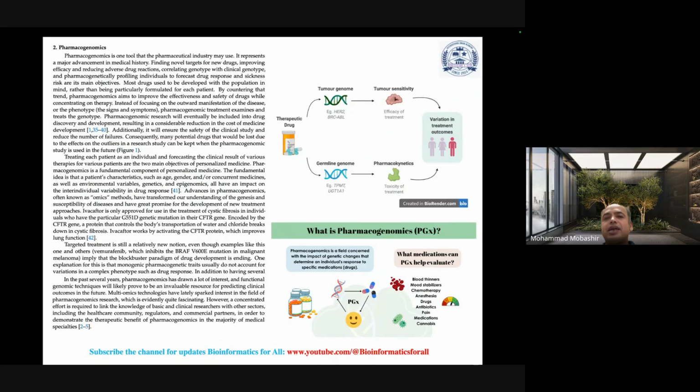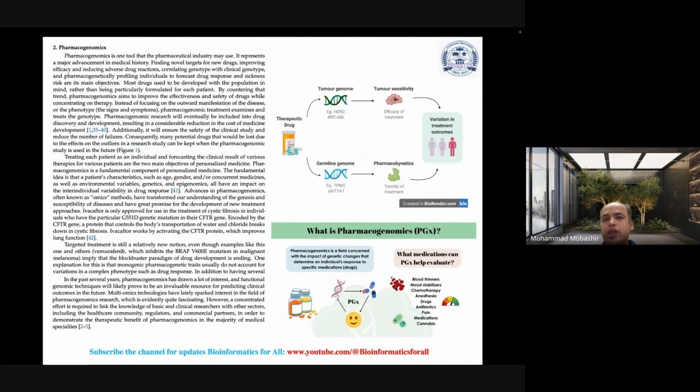If you want to understand how pharmacogenomics works, then you need to collect the tumor samples, if we are talking about cancer, or collect these samples, then look for the genomic compositions and the aberrations with respect to the normal, and then look for different kinds of treatments in the presence of different drugs, and then go for the search of the optimal drugs for that specific individual or patient.